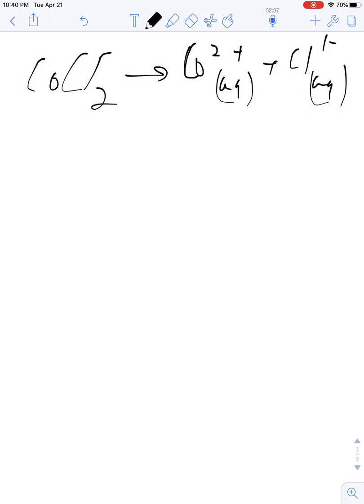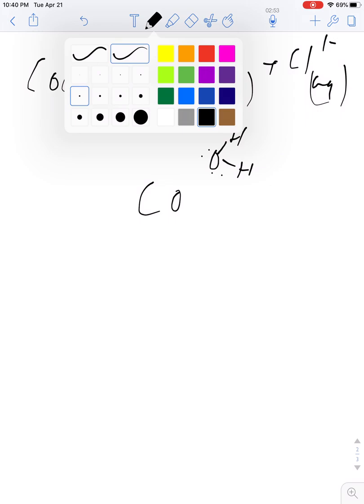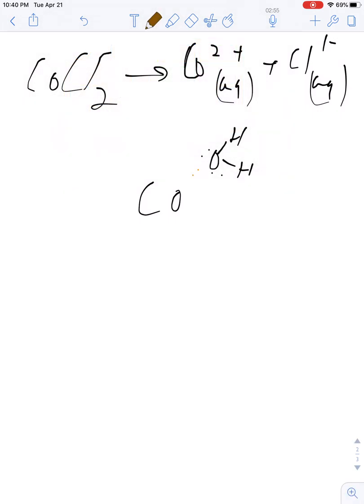And then what happened is the cobalt 2 plus formed a complex ion. What happened was water, with its lone pair of electrons, formed a weak bond with the cobalt. And 6 of them did this. Now, how many do that kind of depends on the metal.